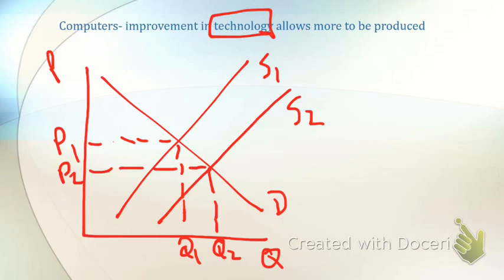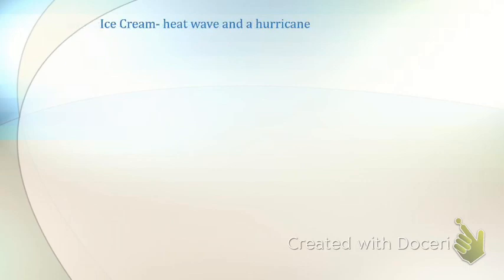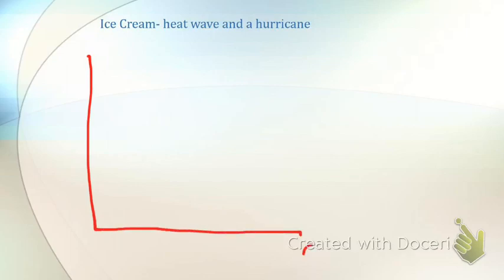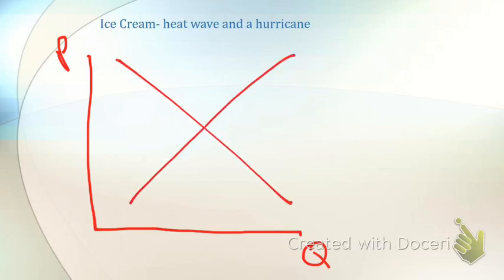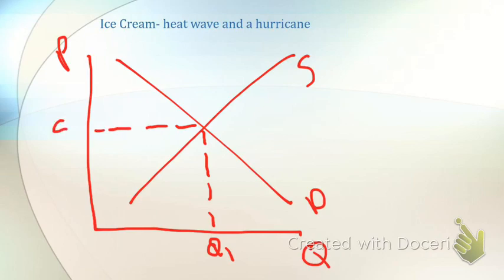Okay, so now we're going to graph ice cream. There's a heat wave and a hurricane, so you have two things happening here. We're talking about the Indiana market for ice cream.